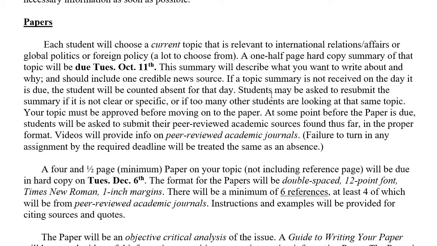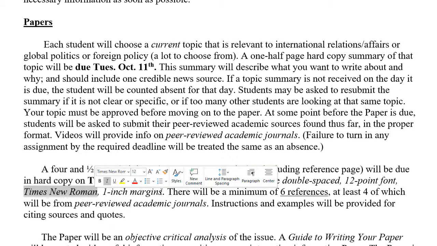The first requirement that I'll need for the paper assignments is not due until Tuesday, October 11th. That's when I'll need a half page minimum summary of what you want to write about. The format for all of the paper assignments is double-spaced, 12-point font, Times New Roman, 1-inch margins.